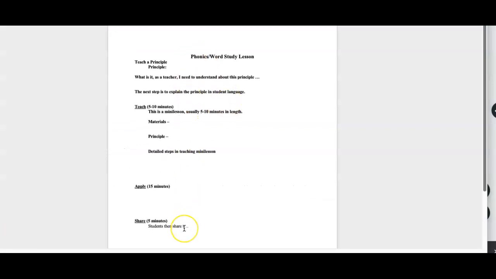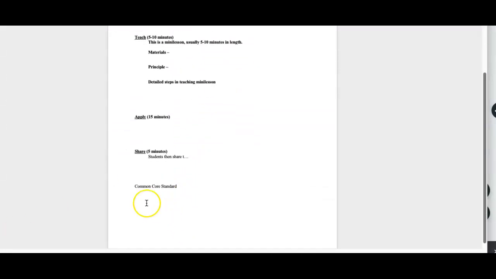It's very simple. I do want the state standard. This form says Common Core, and that is an error on my part. I did not change that. It should be a state standard from the ODE website that matches this lesson. So be sure that you add that.